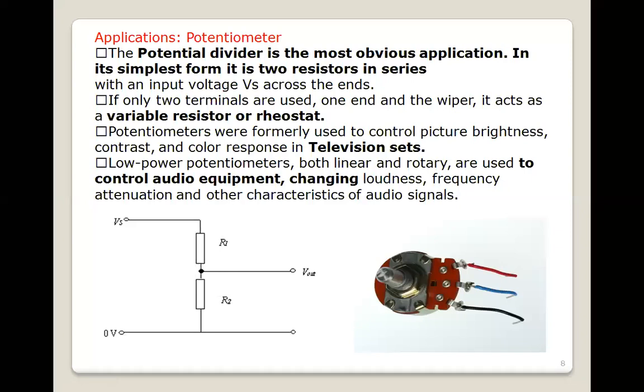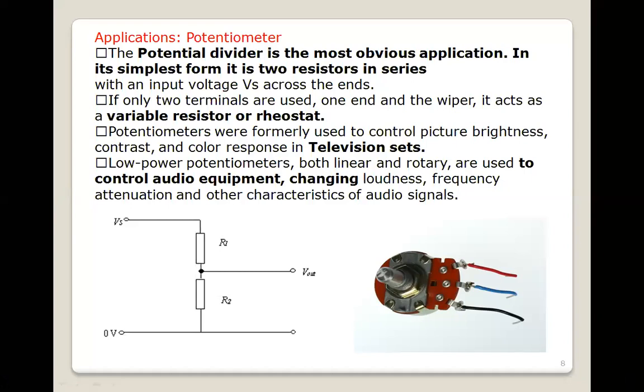Initially in the television set, if you want to change the channel or the volume, there is one potentiometer. Using the potentiometer, you can vary the sound of the television set, or vary the channel.